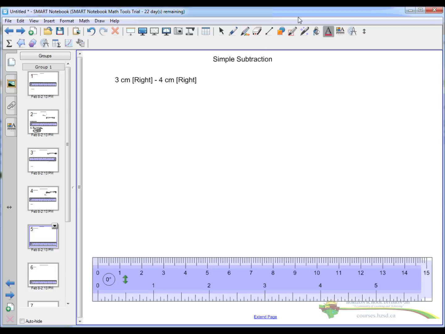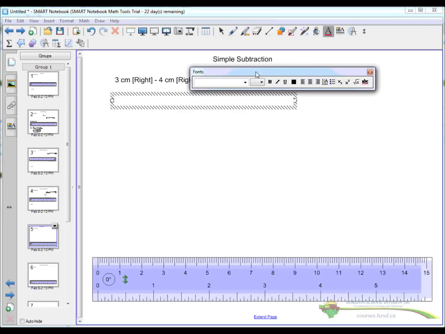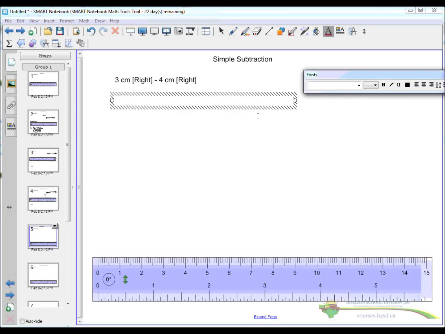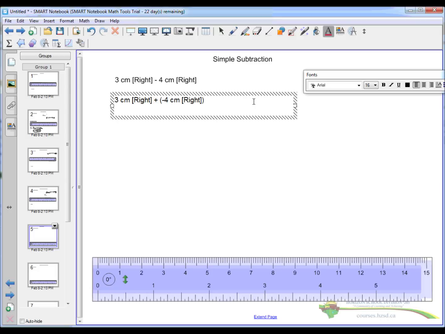So in other words, 3 centimeters right minus 4 centimeters right is the same thing as 3 centimeters right plus negative 4 centimeters right, and negative 4 centimeters right is the same thing as 4 centimeters in the opposite direction or left. Hopefully you follow that.